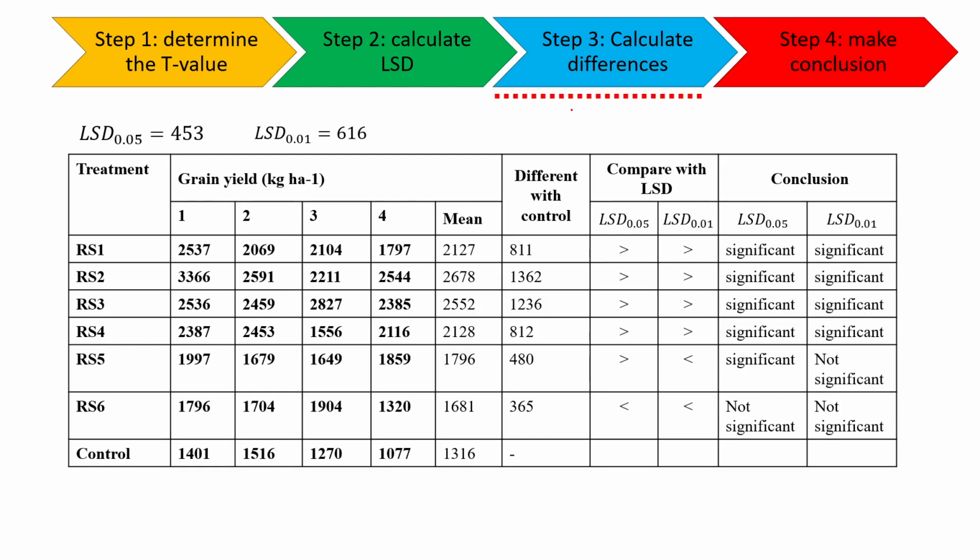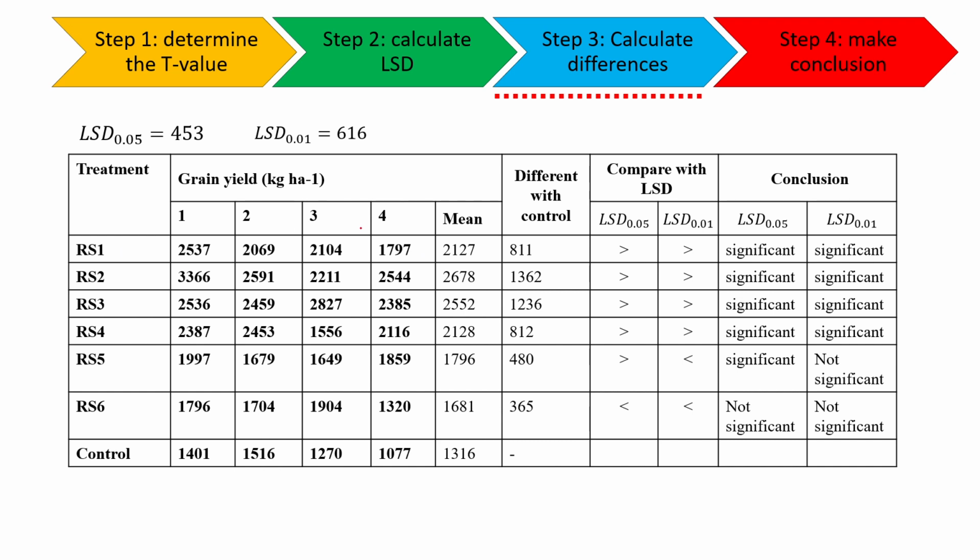So let's move on to step 3. Calculate the differences. So remember, your LSD for 5% significance is 453, whereas the LSD for significance level 1% is 616. So you calculate the means. These are the information that has already been provided. What you need to do is calculate the mean for each treatment group.